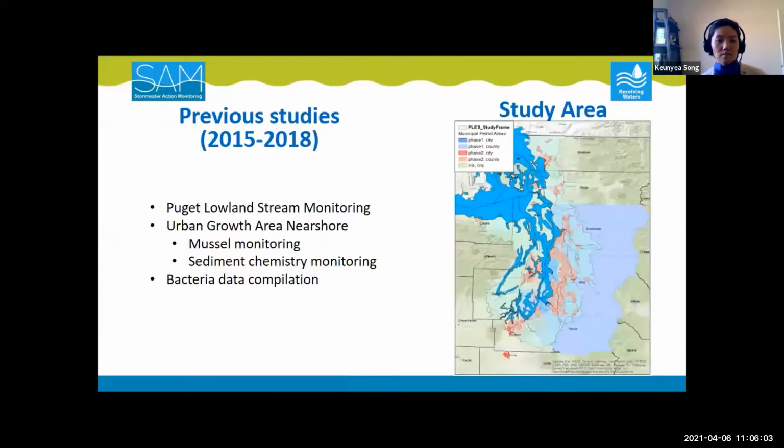So far, four receiving water studies have been done between 2015 and 2018, and three of them were actual sampling studies in the nearshore area.